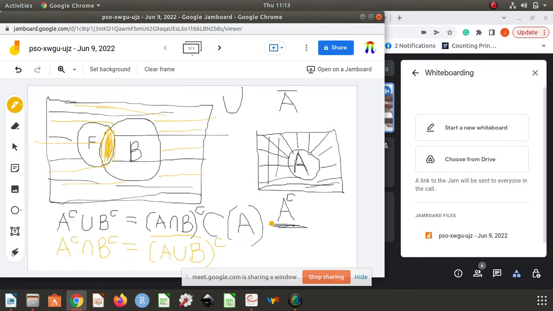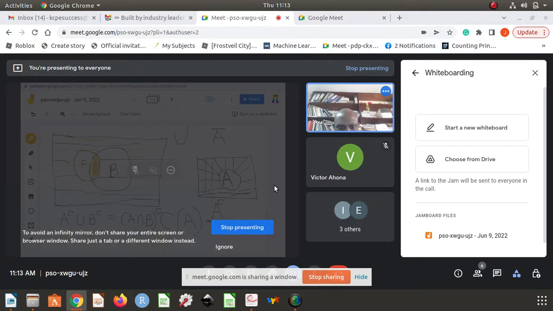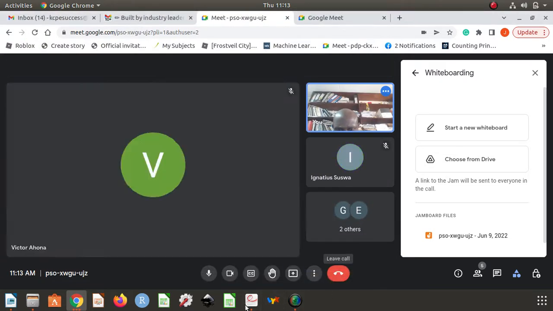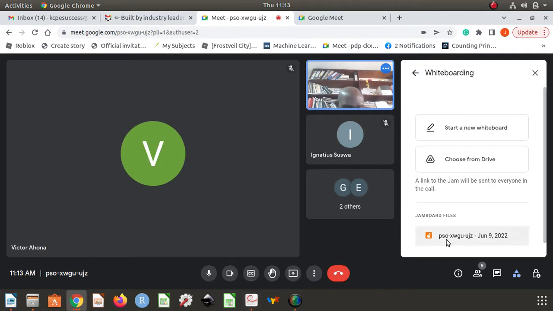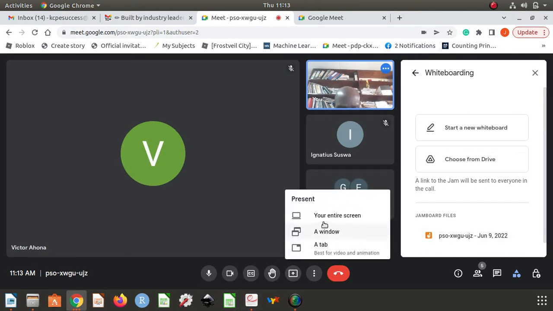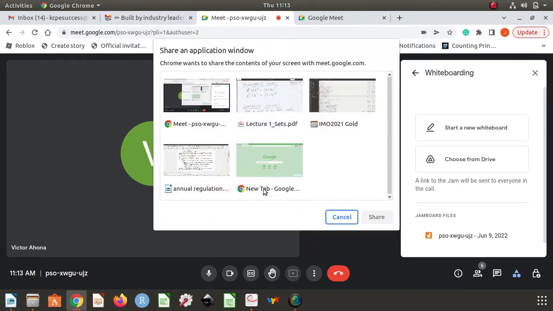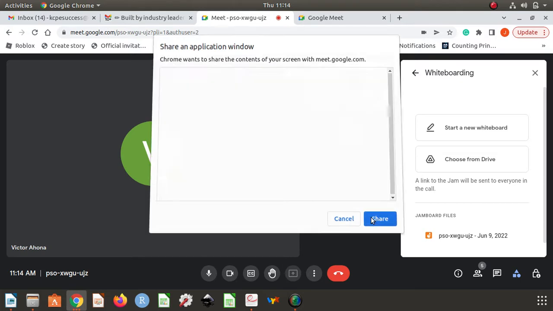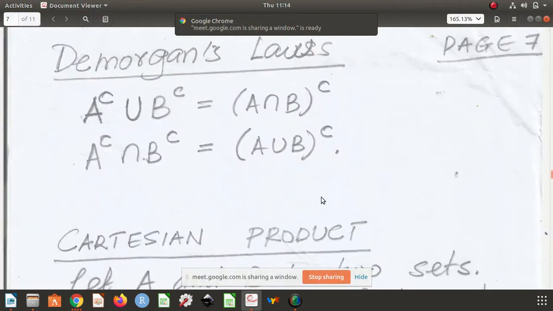That is what was in the notes. So I will put this down and return to the set of notes. So this is the part we've just worked on.